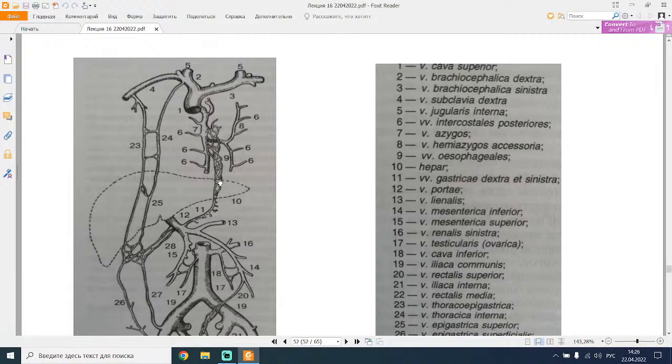This is vena esophagea, vena hemiazygos, and vena azygos, which drain into vena cava superior. It is an anastomosis between vena porta hepatis and vena cava inferior.